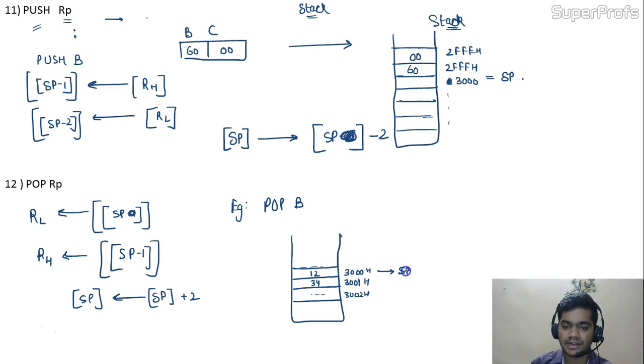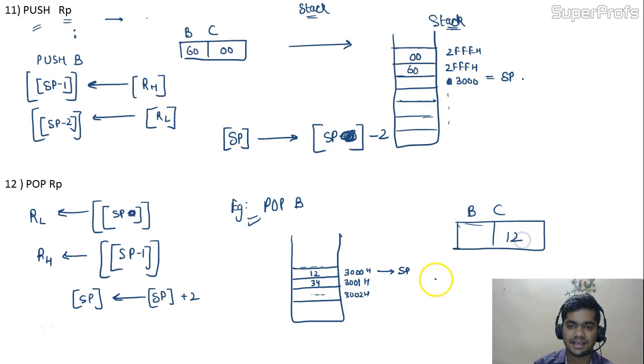So the stack pointer is pointing at the top of stack, so initially SP is 3000. Now when this operation is executed, the data present at 3000 would be transferred to the lower bit register, that is, here 12 would be transferred, and the data at the higher memory address would be transferred to the higher bit register using the memory rule.